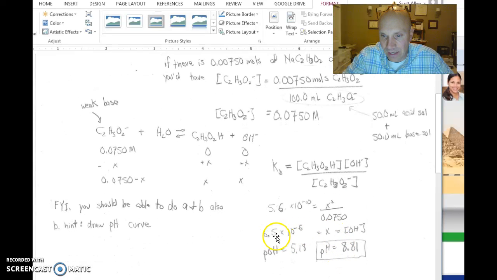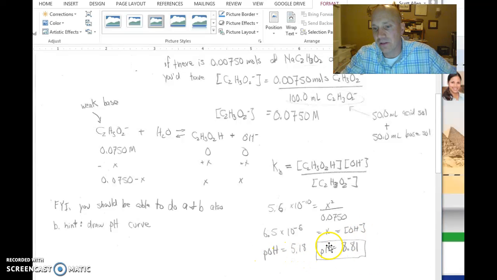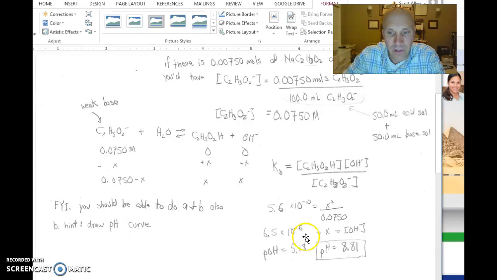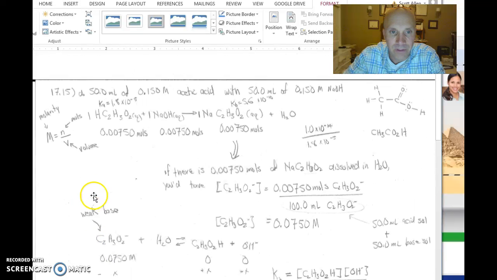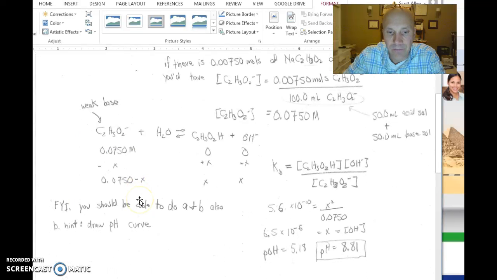Eventually figure out that X is this. And this is your hydroxide concentration. That would then give you a pOH. And from that, you could calculate the pH. All right. So one thing I do want to point out is that in that same problem, 1715, you should also be able to do A and B. All right.